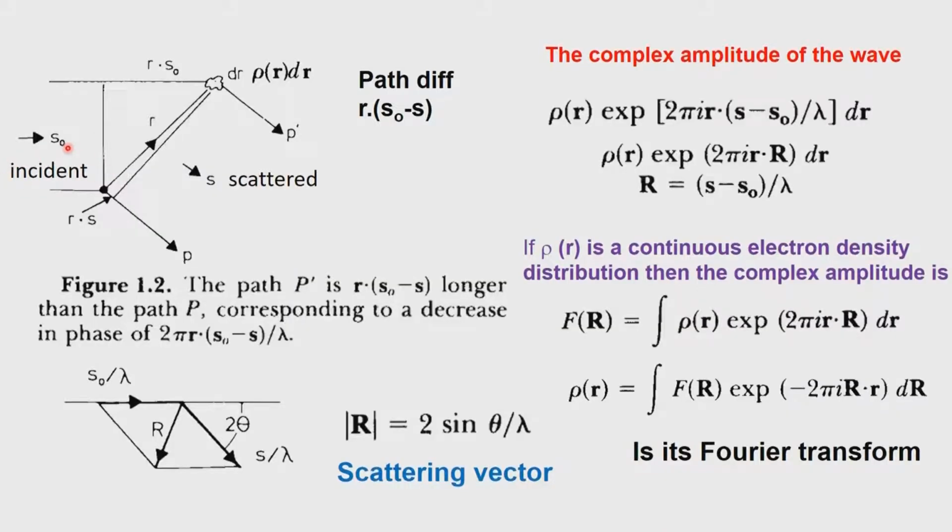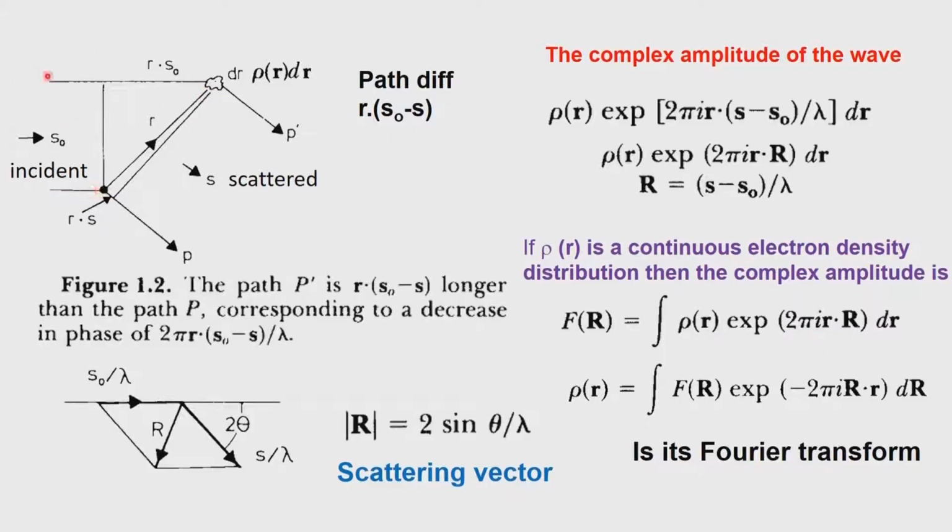The incident radiation which is coming in, generated from an X-ray source, can be taken in terms of a unit vector S naught. S naught is referred to as the unit vector, and this unit vector now represents the incoming radiation. If we sit at an origin O (0, 0, 0) here, we decide that this is the origin, and we look at what happens when this electron density presents itself in front of the incident beam.